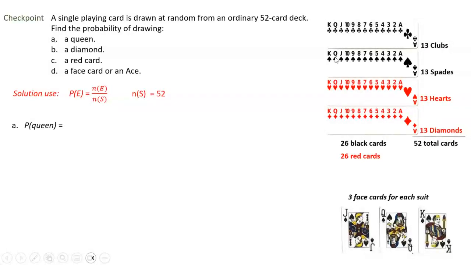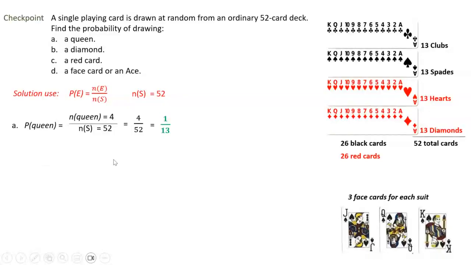You see the queen of clovers, the queen of spades, the queen of hearts, and the queen of diamonds. So it's going to be 4, and the sample space is 52. So it'll be 4 over 52. You have to reduce it, so the answer will be 1 over 13. That's the probability that if you draw a card, it will be a queen.